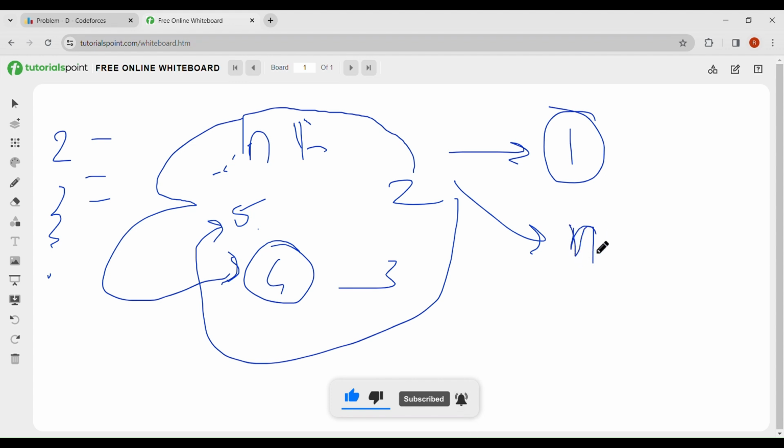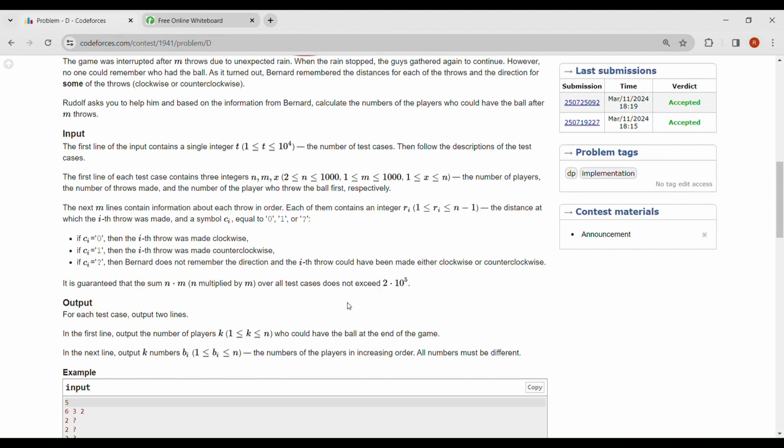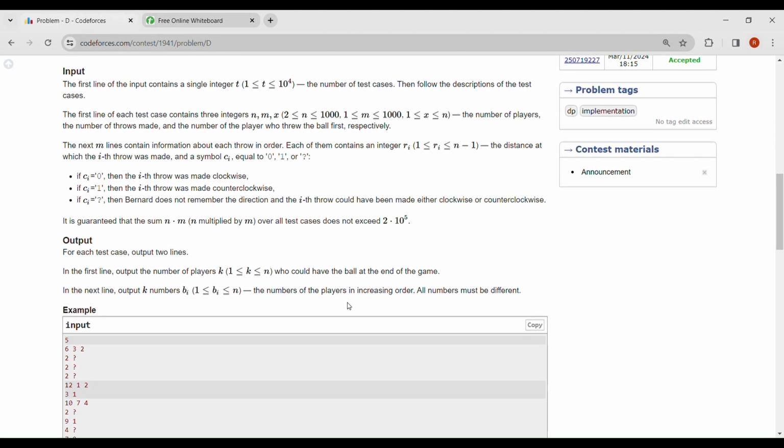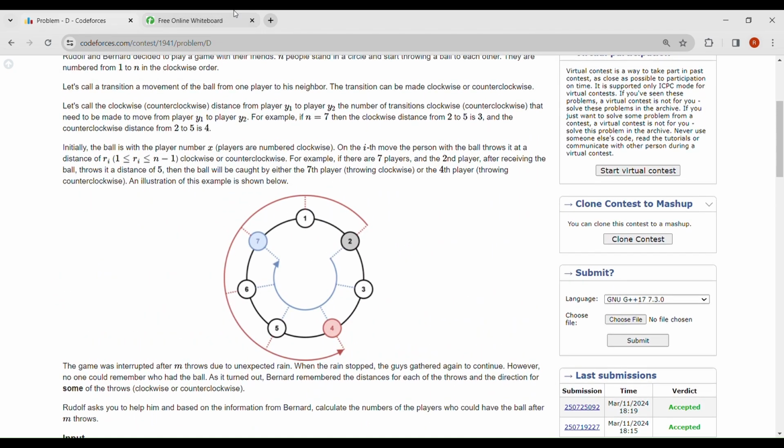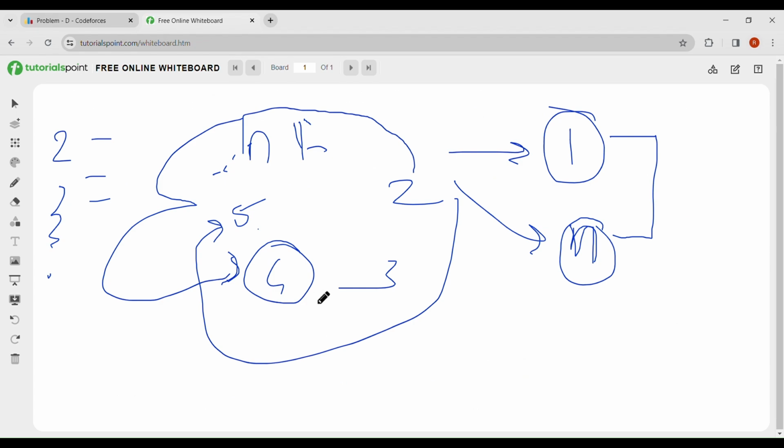If you assume anything, like this person goes clockwise or anti-clockwise, the maximum possibility is n. So the range of the answer will be 1 to n only. In this question, 1 to n, it is a deep implementation question. I will explain how. So in 1 to n we need to go.